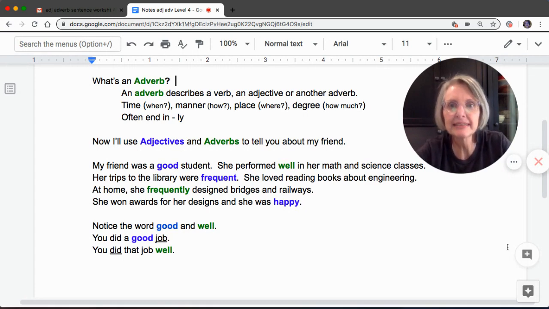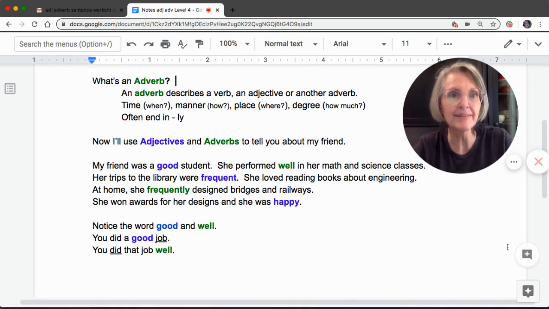Okay, so you see good in the first sentence. It tells you about what kind of student. She wasn't a bad student, she was a good student. So student is a noun, good tells you about that. So good is an adjective. In the next sentence, you see well is green, so it's an adverb. Notice it tells you about how she performed. She performed well.